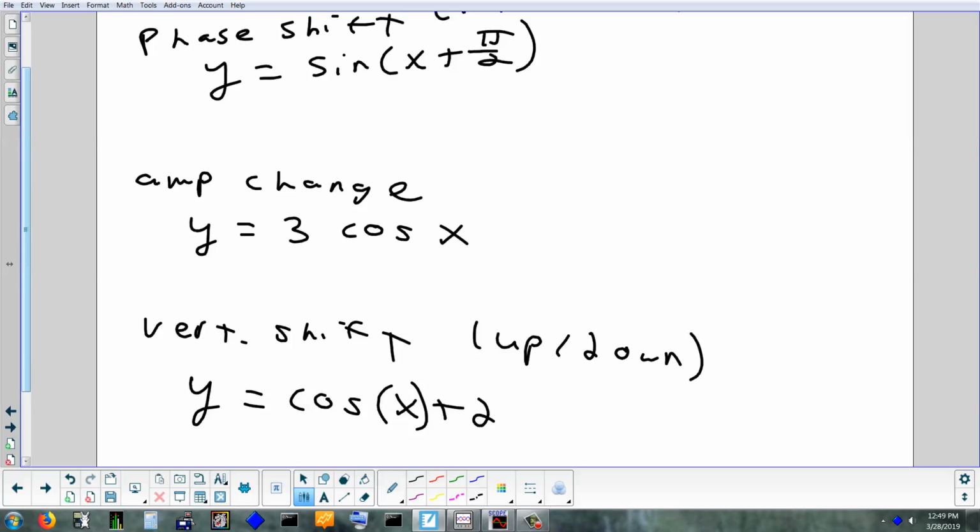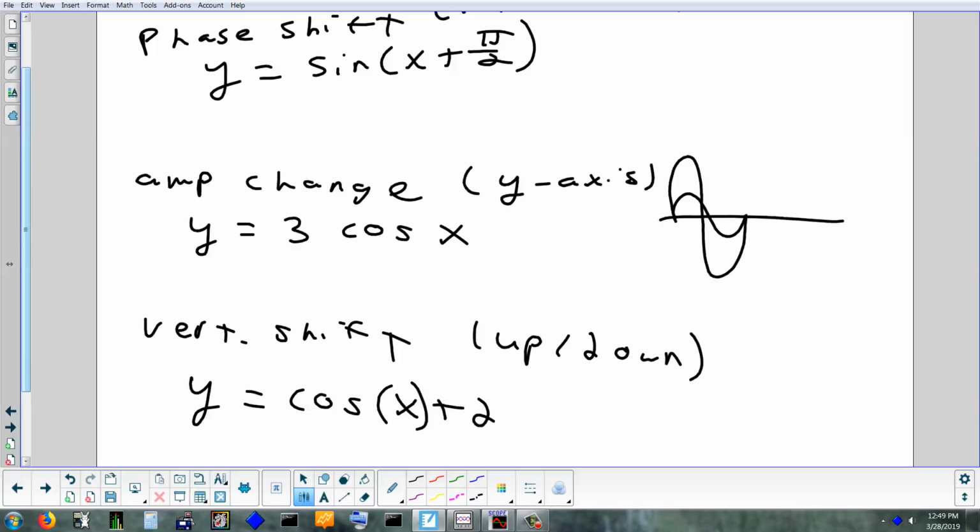What kind of changes amplitude change? When you change the amplitude, what axis does that affect? It affects the y's. So this affects the graph on the y-axis. It stretches or compresses it. So here's an example. Here's an original.